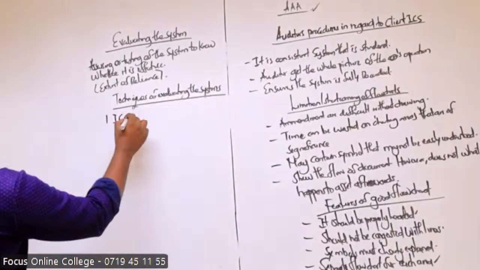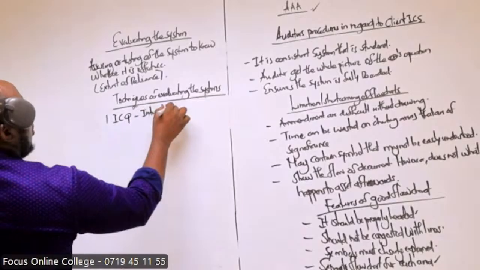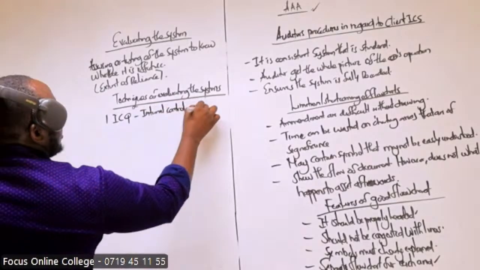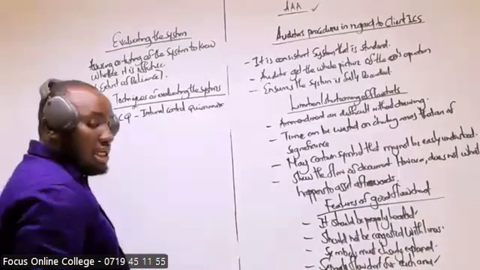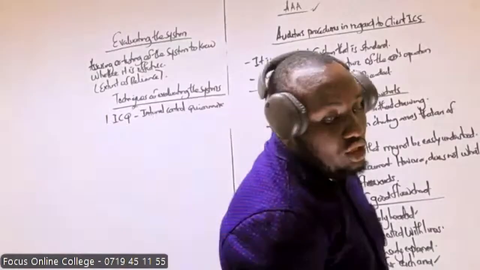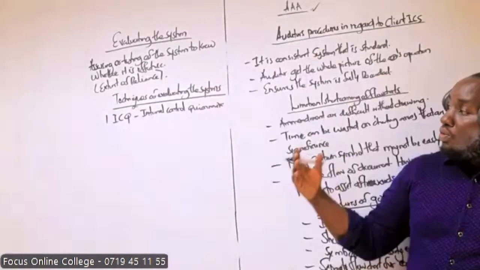ICQ means internal control questionnaires. We start with the first one, internal control questionnaires. One of the first ways to evaluate the system is internal control questionnaires. But also we have third-party confirmation.